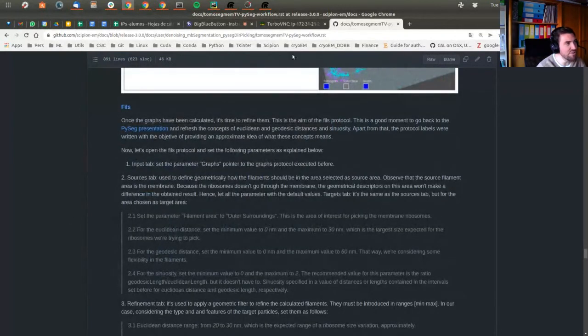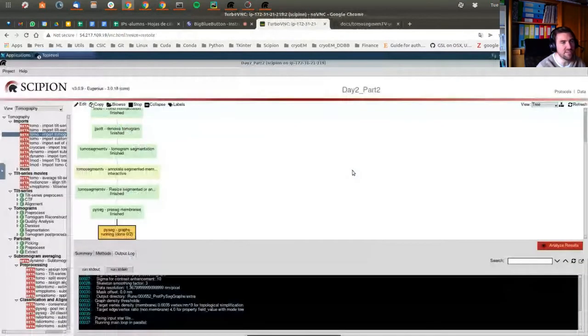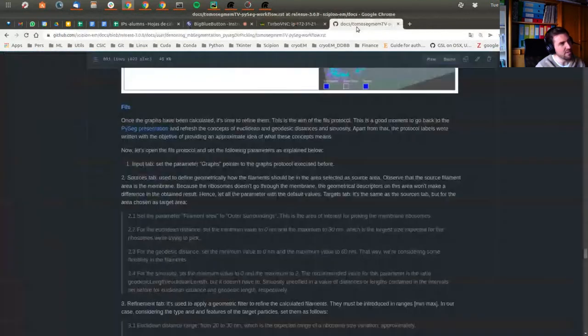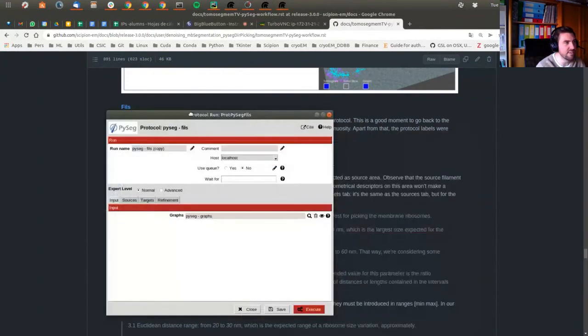Why didn't I think about this before. Let me open the protocol in my local machine so we can have both things together, the tutorial and the parameters. Okay, more or less.